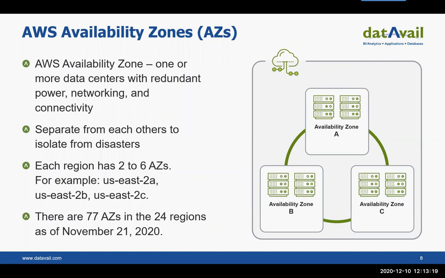The closest region to me is in Ohio. It's going to be US East 2A, 2B, 2C, and so on and so forth. These are the AZs within the region. Okay. Right, as of 2 weeks back, there were 77 AZs in 24 regions, as of November 21st.